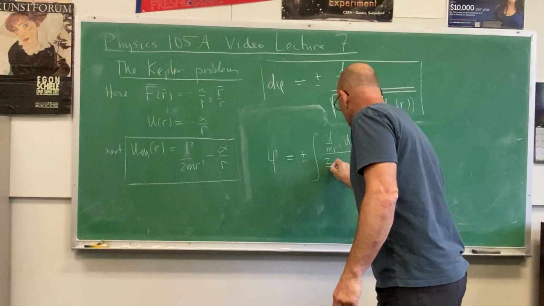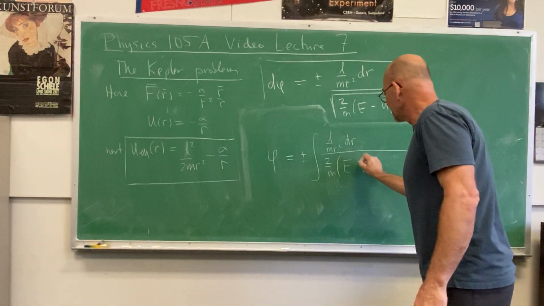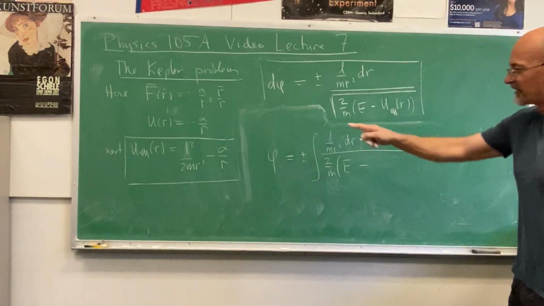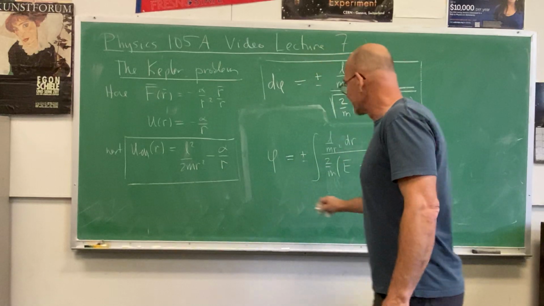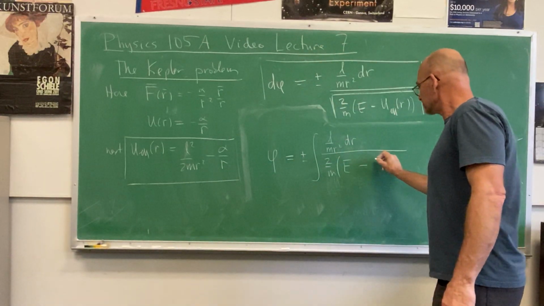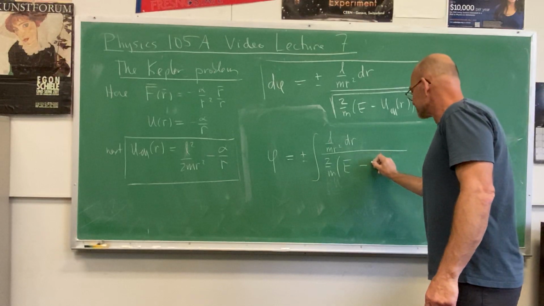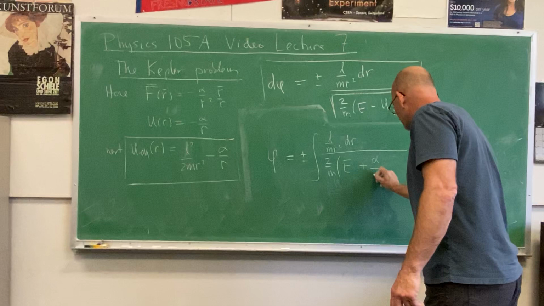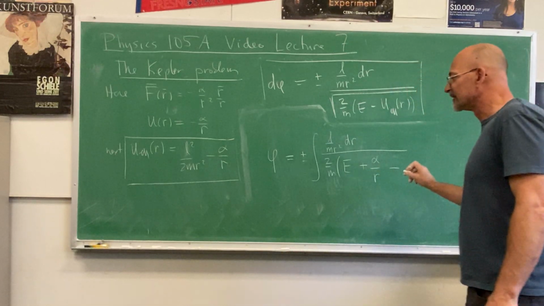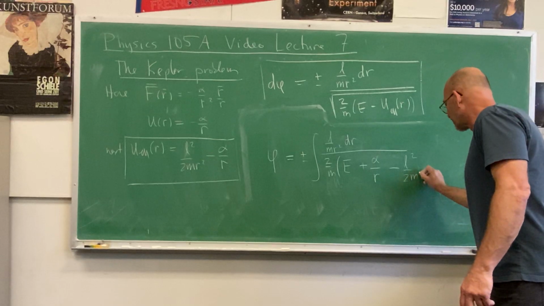We've got a 2 over m E minus, but there's our effective potential. So E minus this negative, so we'll have alpha over R. So we'll have minus that, so we'll have plus alpha over R minus L squared over 2mr squared.